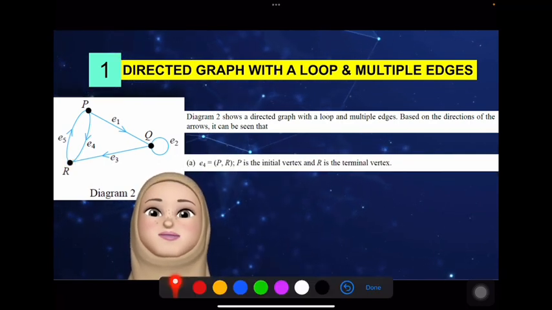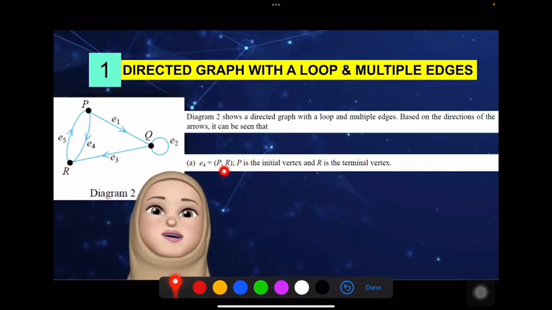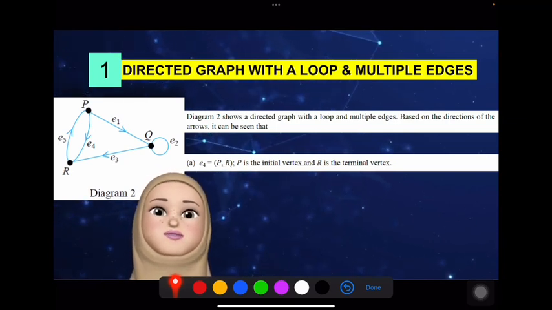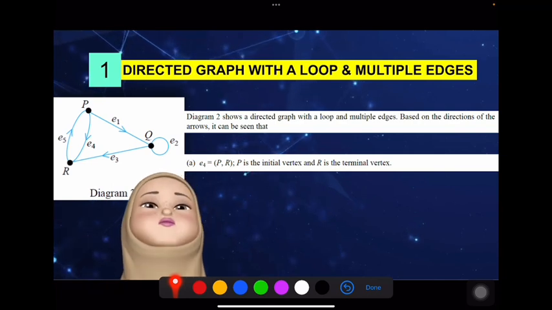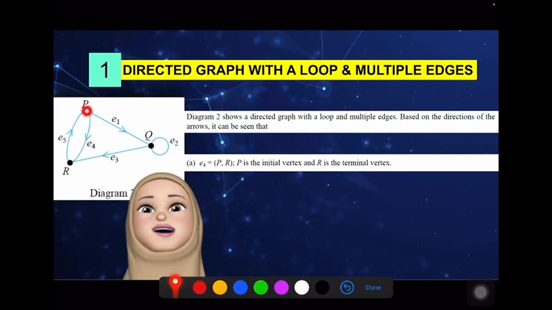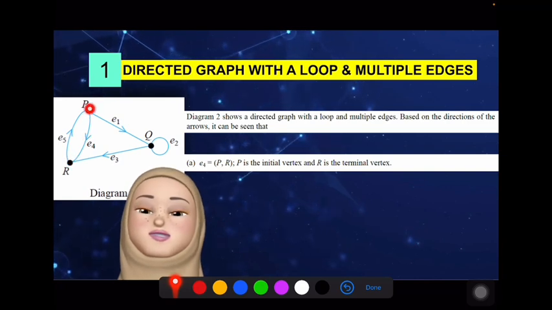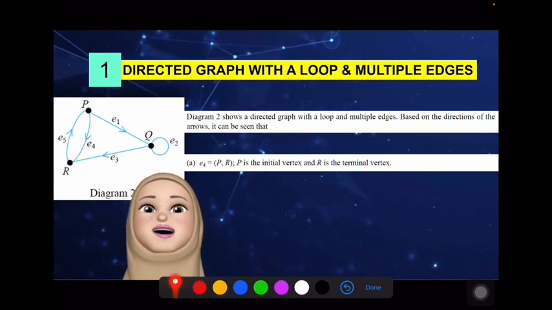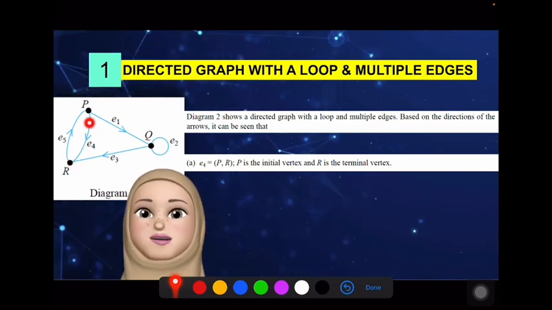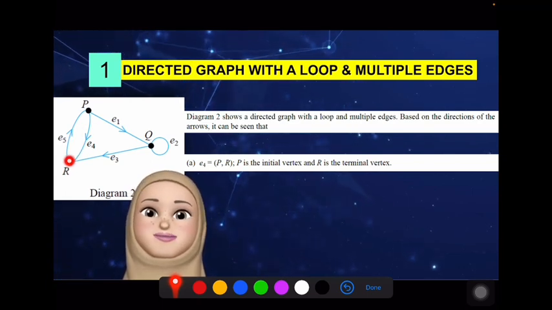And each edge can be written in coordinate form, where we put a bracket, capital P, comma R, and close the bracket. So, E4 shows that we have vertex P where the arrow comes out, and is known as the initial vertex. And point R is known as the terminal vertex because the arrow is going into vertex R.